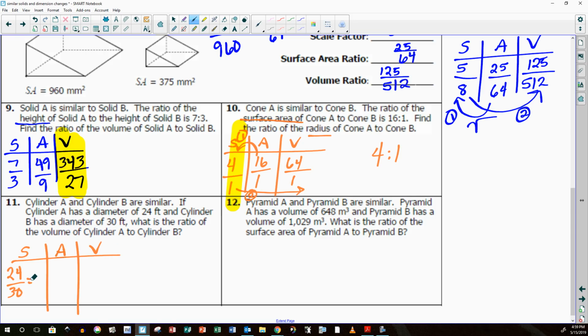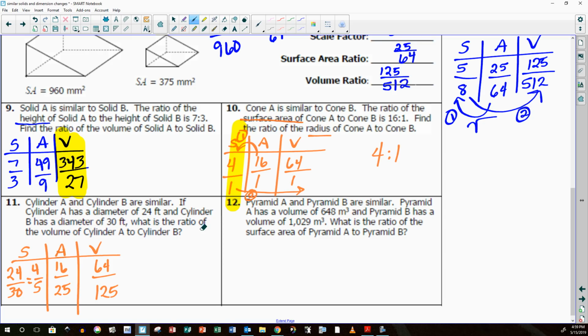I want to reduce this. 24 divided by 30 is 4 over 5. Now this is squared, so this would be 16 over 25, and this is cubed, 64 over 125. So take what they give you, put it in the appropriate column, find the other two columns.